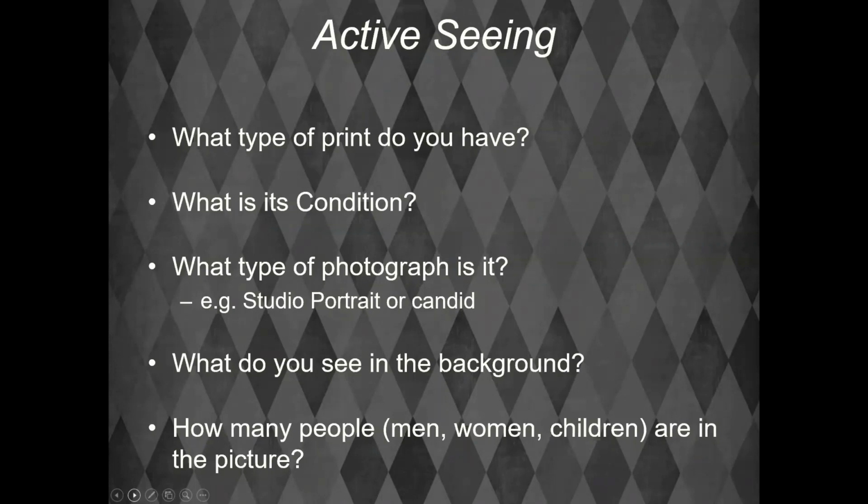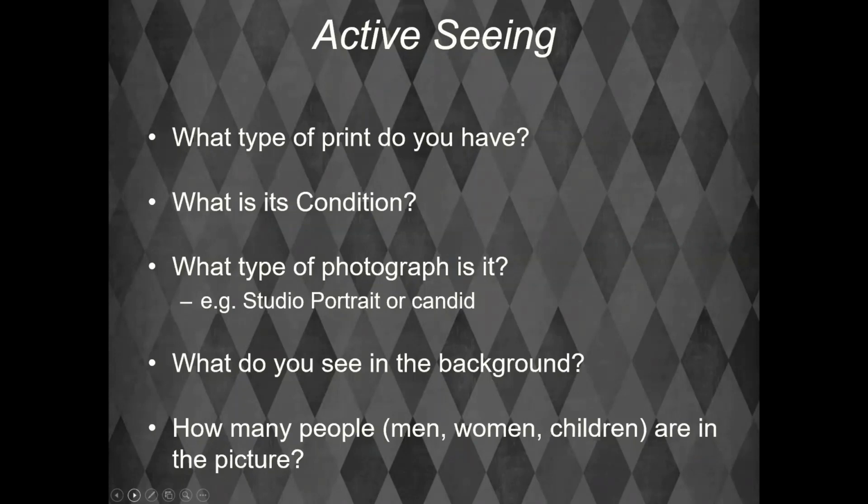That could be by rough time period, so we could roughly date them to a decade. It could be by location. We think these were done in the Midwest or Illinois or Spirit Lake, Iowa, rough location. And a lot of times it's based on description. So what are we seeing? What's going on in the photograph?